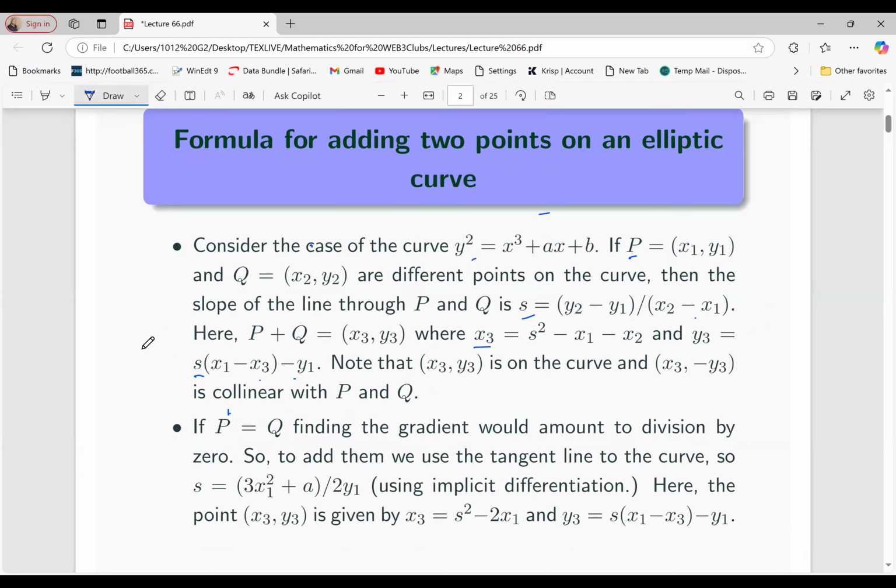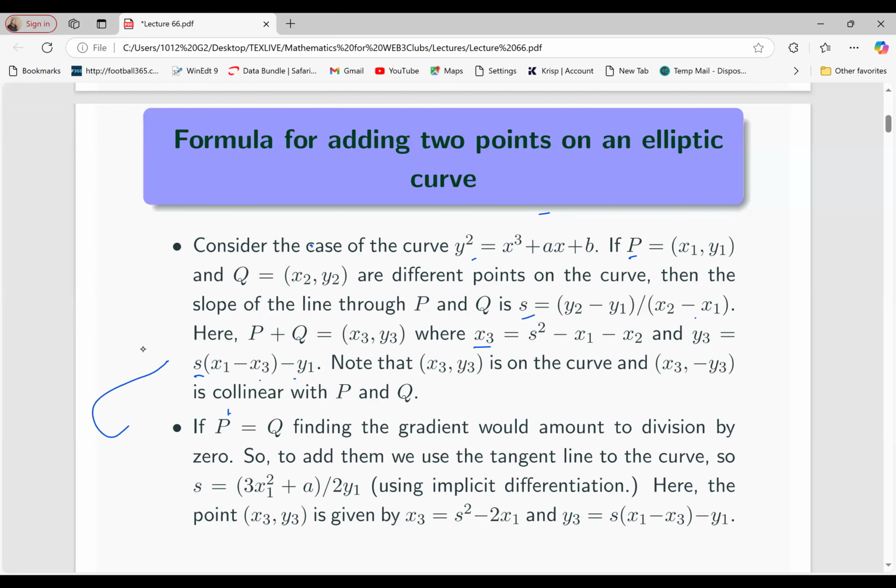Now, if it's the same point, what did we say? We want to add the same point P to itself. This is our x-axis. We draw a tangent line through this point, touching the curve at that point. Then this tangent line is extended to intersect our curve.